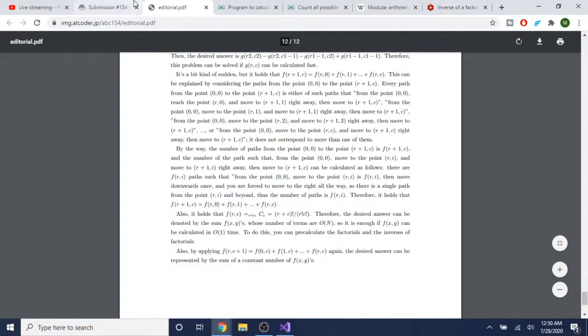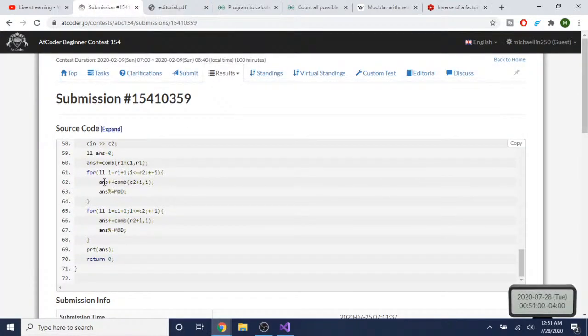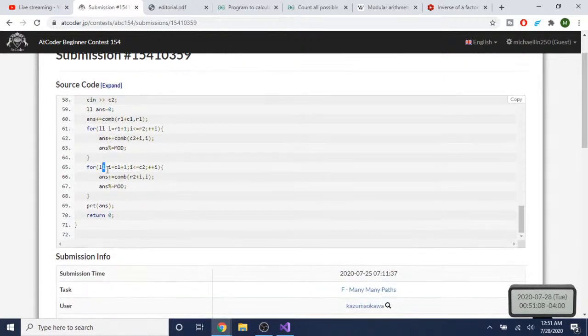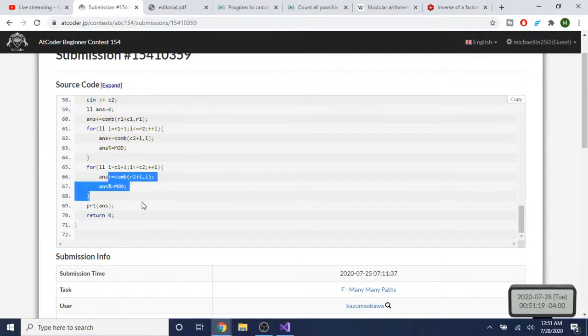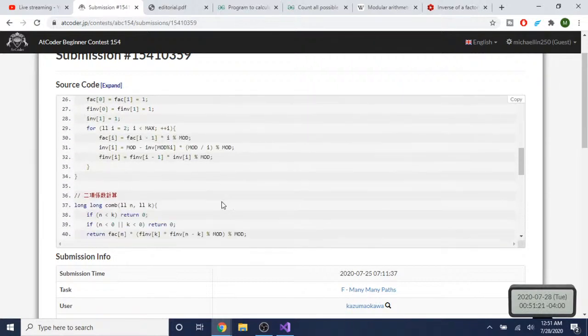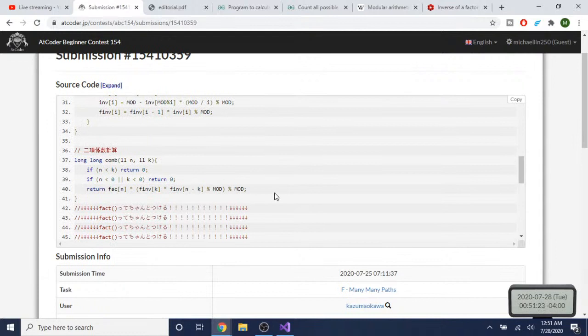So that is the reason why he does this. He's summing up the values from R plus 1 to R plus 2, and then he does the combinations of that. Then he does the combinations of C, right? C and then C1, C2. So that's what he does here, summing up the combinations. So that I understand, but creating the combinations is kind of the thing I don't understand. So this part I don't understand at all.